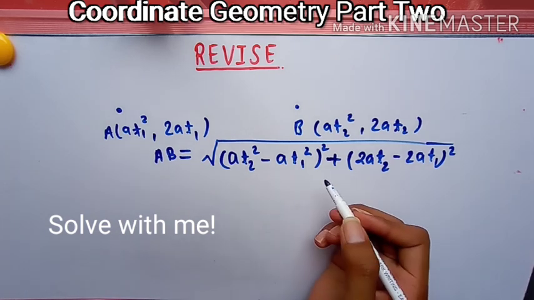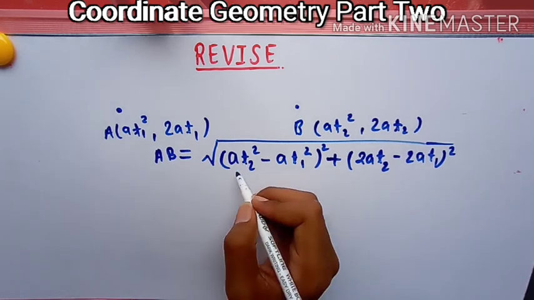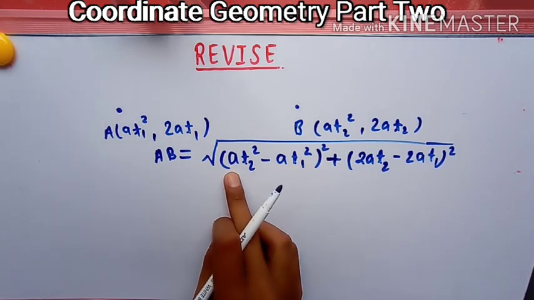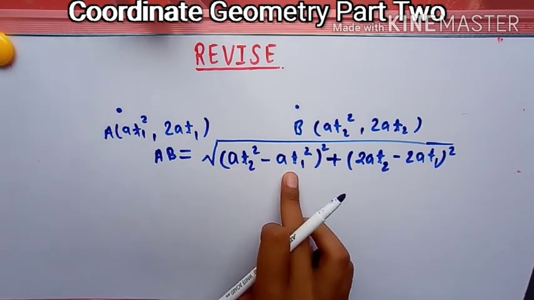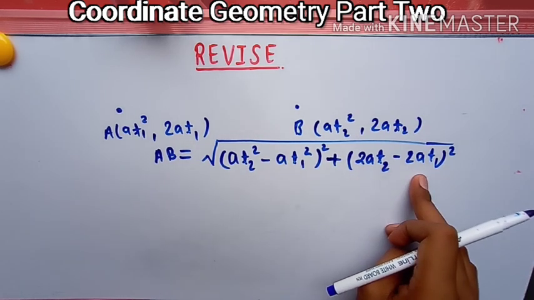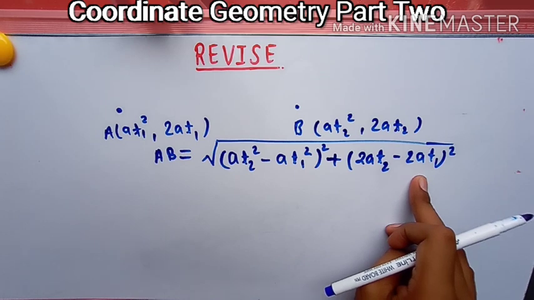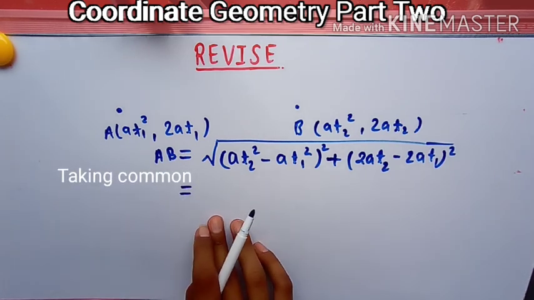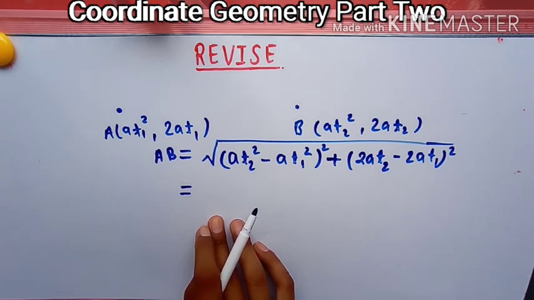Now what you all need to do is, look here, you have to choose common a because a is in both the terms and also 2a is in both the terms, so you have to take it as common. One more point, half of your syllabus will be completed by taking common.